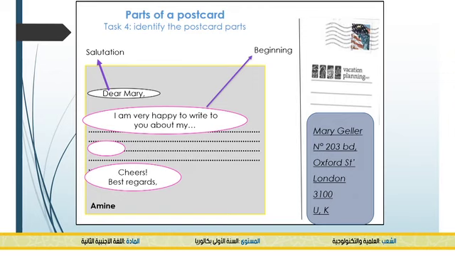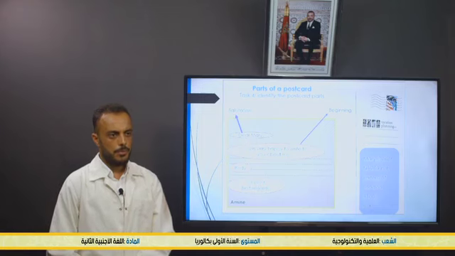It is the body of a postcard, which means you include details and information there. And of course, the last one, cheers, best regards. After dear Mary, and I am very happy to write to you about my, beginning and salutation, what would be the last one? Yes, of course, the last one is an ending.